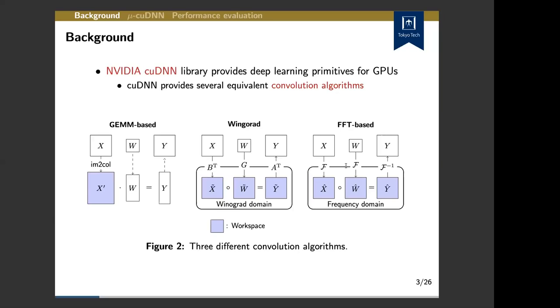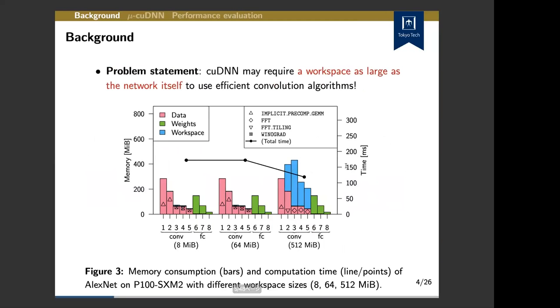So you may think that we just need to call cuDNN with the fastest convolution algorithm, which is true, but the problem is the workspace is too huge. This plot shows memory consumption in bars and computation time in lines for AlexNet, an old-fashioned network.